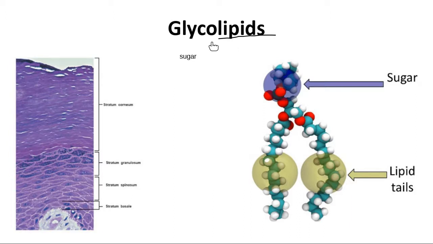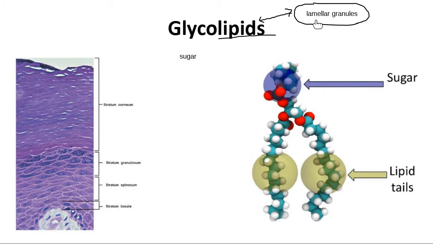Now, the other name for glycolipids that will help us figure out where they are in the skin, they're sometimes called lamellar granules. I want you to make sure that you know that these two words mean the same thing. Glycolipids and lamellar granules, they mean the same thing.